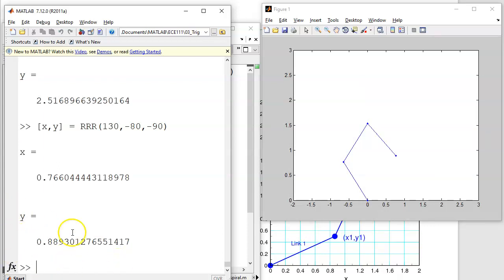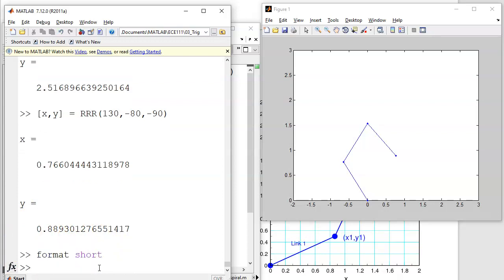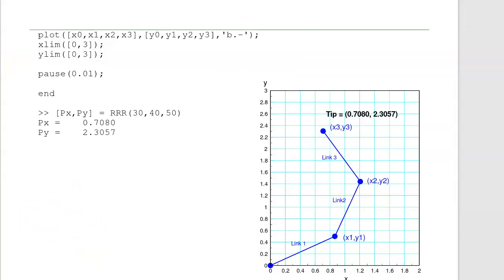That's the X and Y position of the robot. And this is left over from last time. I remembered, last lecture, I made it format long. So anyway, I've got a program that'll tell me where the tip position is given the link lengths.